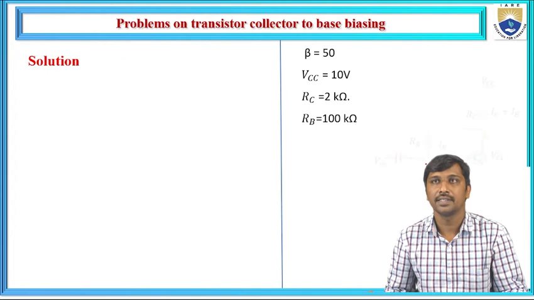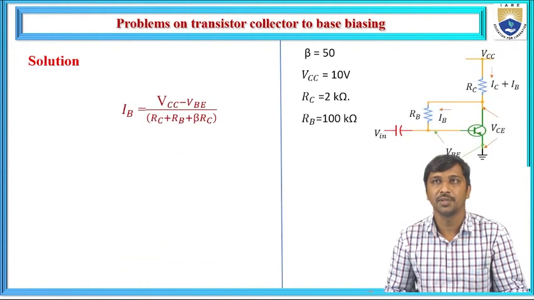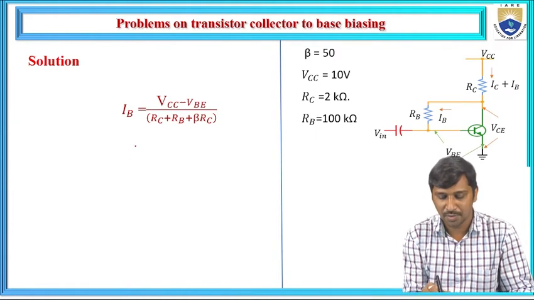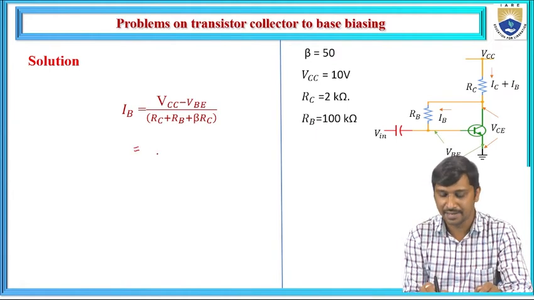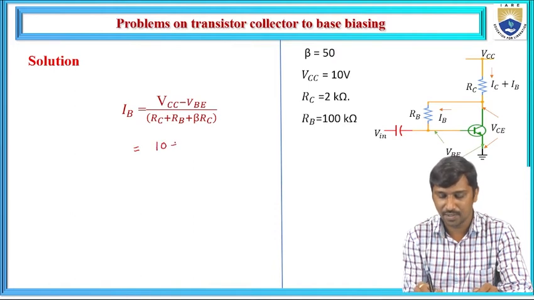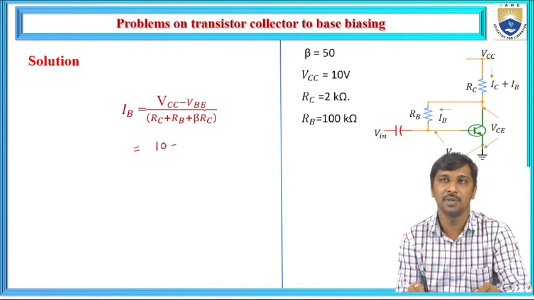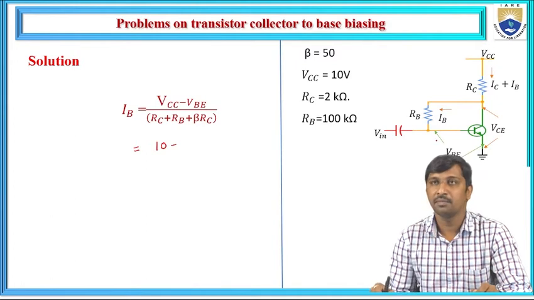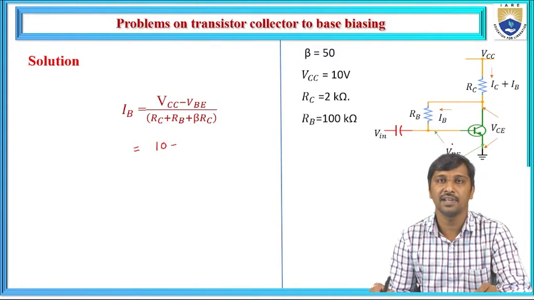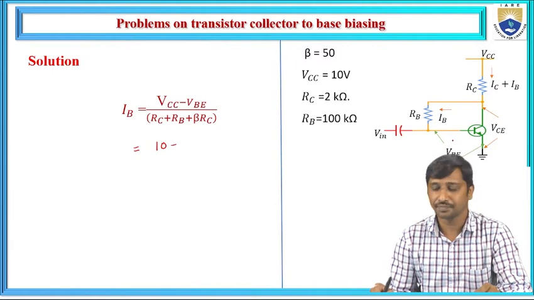Hence, let us consider the same circuit with these given specifications. Now I am going to substitute in the IB relation. From the problem statement, VCC is 10, but VBE is not mentioned. To satisfy the amplifier condition, we know that the emitter base junction should be forward biased and the collector base junction reverse biased.